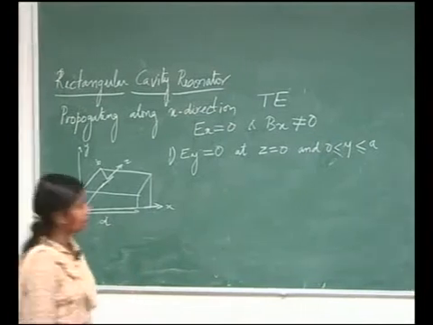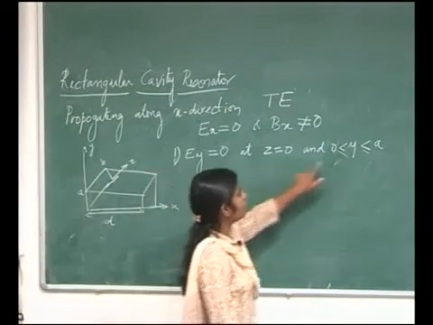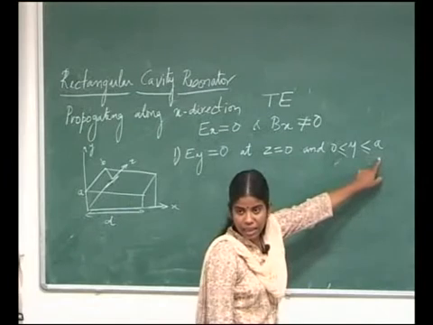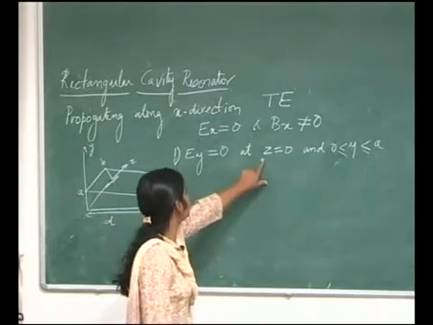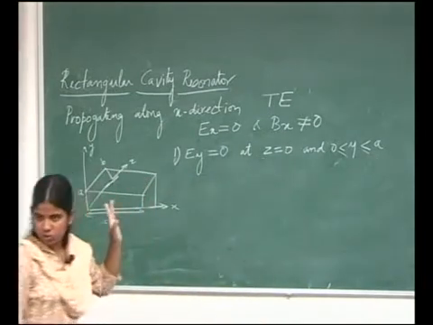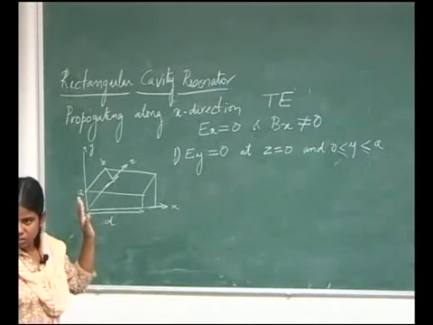That is, for all the values of y ranging from 0 to a at z equal to 0, Ey should be 0. Is it okay?